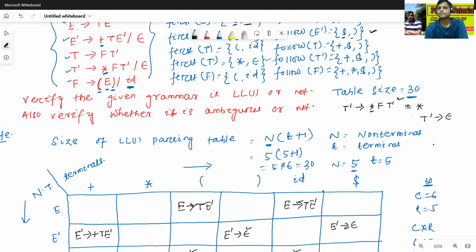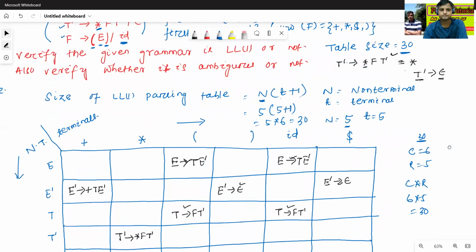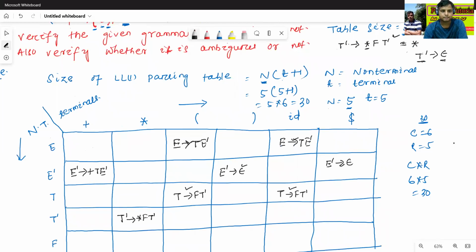Here first of T prime equals epsilon. Since first of T prime equals epsilon, in this case we have to use the follow set of T prime. Follow of T prime equals plus, dollar, and close bracket.